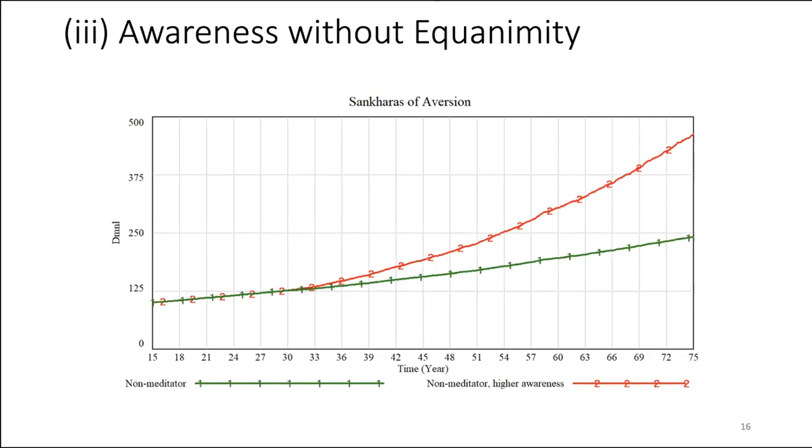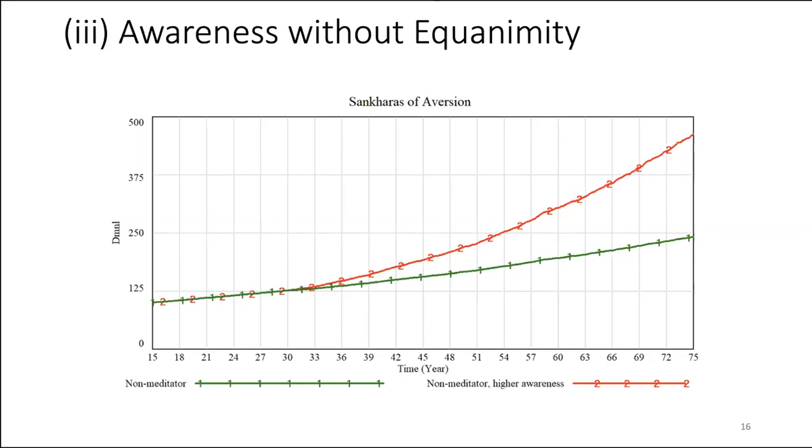As you might remember, I mentioned earlier in the presentation that in the beginning of the course, the first 3.5 days are spent on a mindfulness meditation technique, which focuses on sharpening your senses, or in other words, building the awareness trait, while working on the equanimity trait comes only later on during the course.